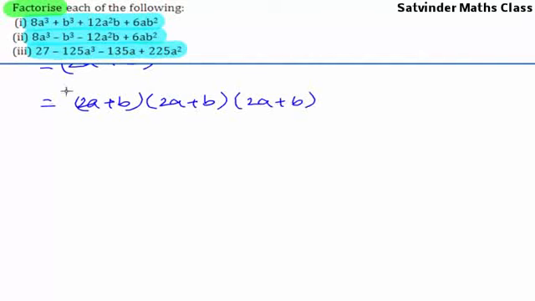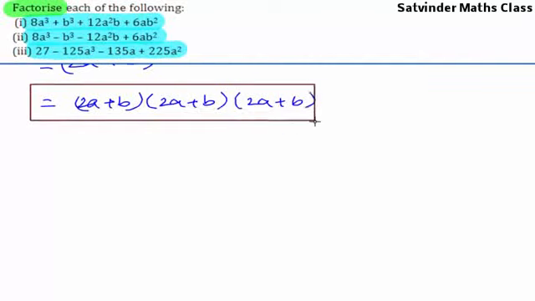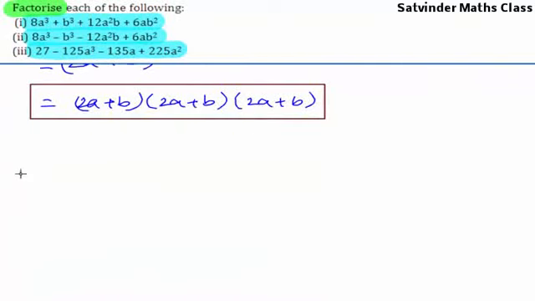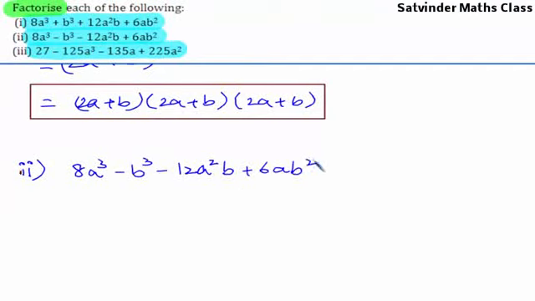These are the required factors of the first polynomial 8a cube plus b cube plus 12a square b plus 6ab square. Now let us take the second polynomial, which is 8a cube minus b cube minus 12a square b plus 6ab square.